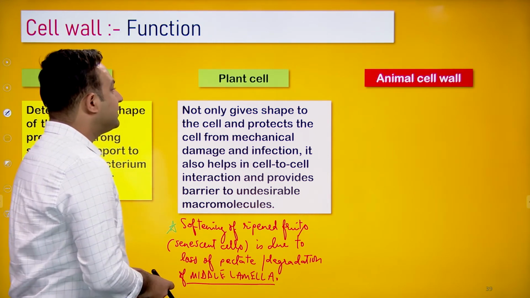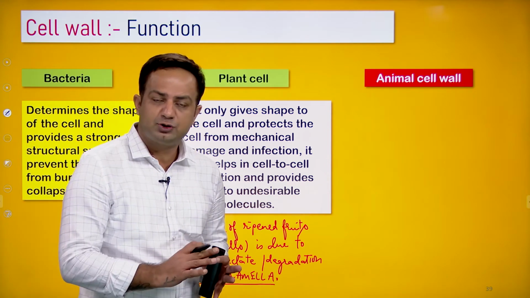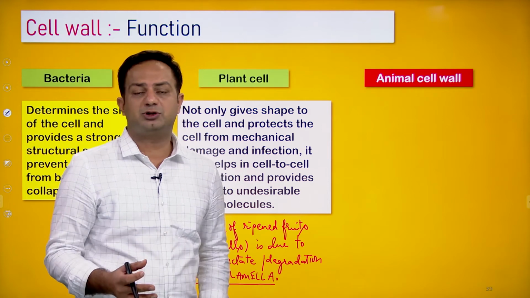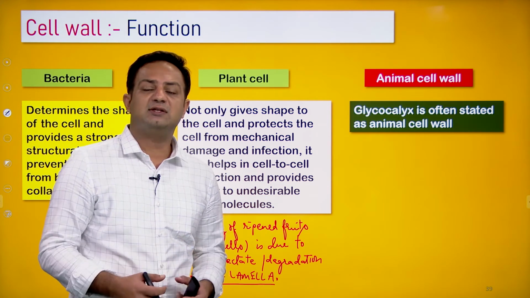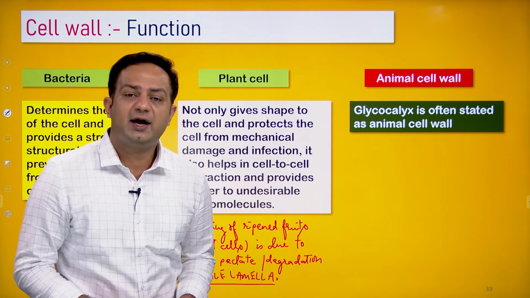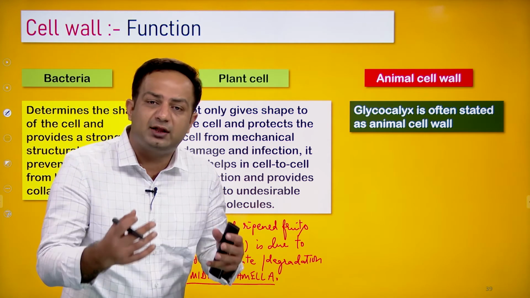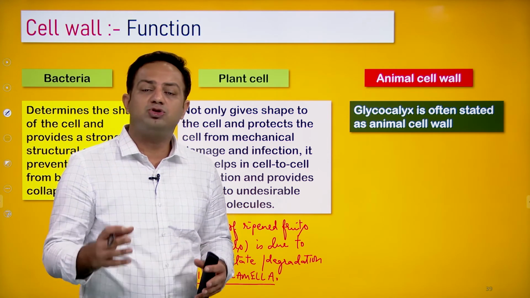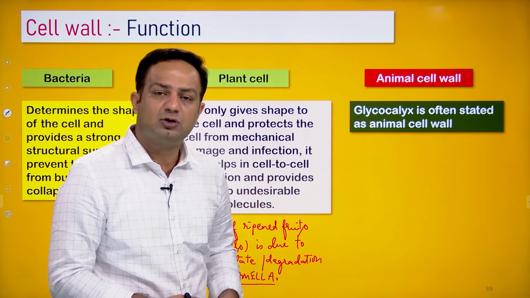Going to the next. Although the word is not common in use, if there is a question like what about the animal cell wall? In that case, the animal cell wall is actually the carbohydrate compositions present outside the plasma membrane, the sugar residues of the plasma membrane, which are named glycocalyx.